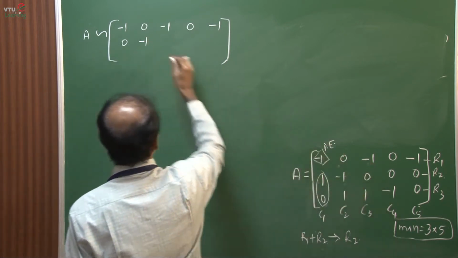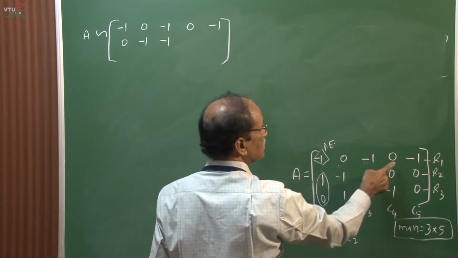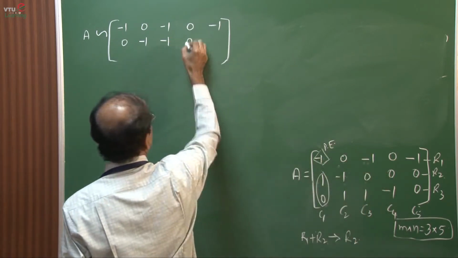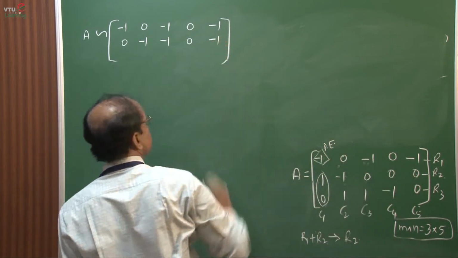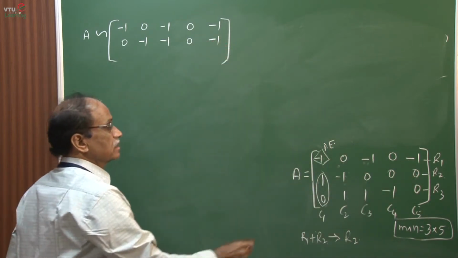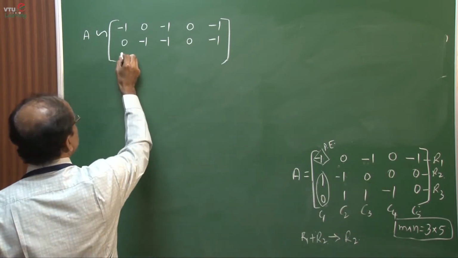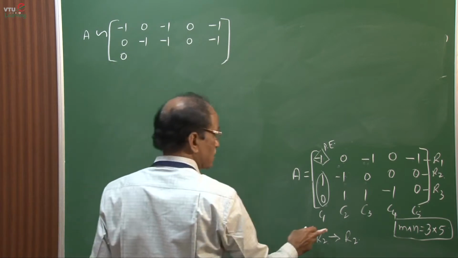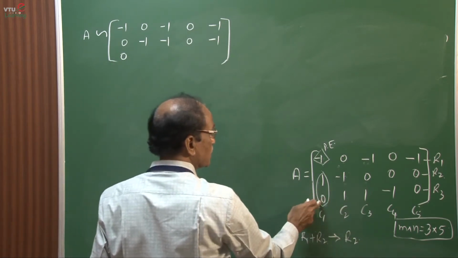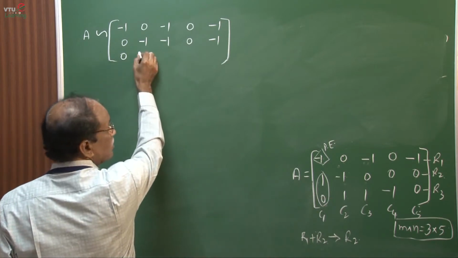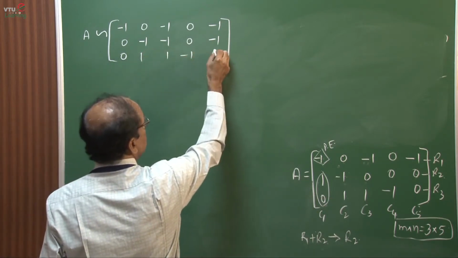Minus 1 plus 0 you are writing as minus 1. Then 0 plus 0 you are going to write as 0. Minus 1 plus 0 you are going to write as minus 1. This is the second row, and third row you have to write. There is no operation because already it is 0. Therefore I will write the numbers as they are, 1, 1, minus 1 and then 0.